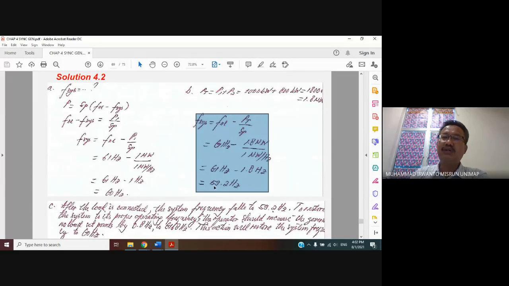So the frequency should be increased. When we want to increase the frequency, set the governor. We can adjust the governor to reach the system frequency of 60 hertz. Okay.